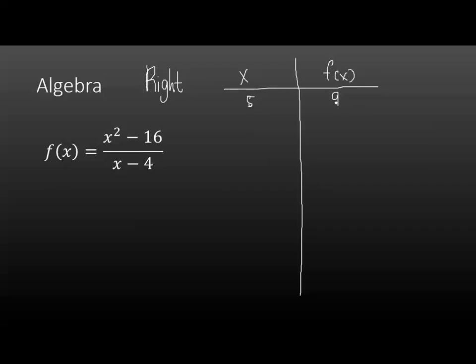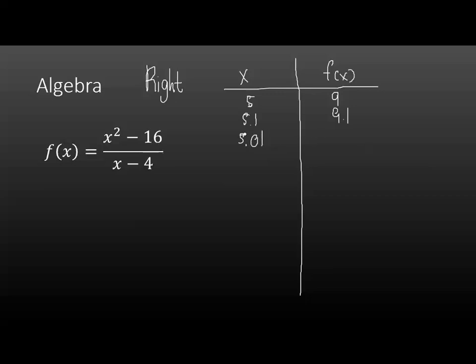Okay, good. Now, let's make it closer to 4. So let's say 5.1. 5.1 will give you 9.1. Now, the same way we did earlier, let's make it even closer to 4.